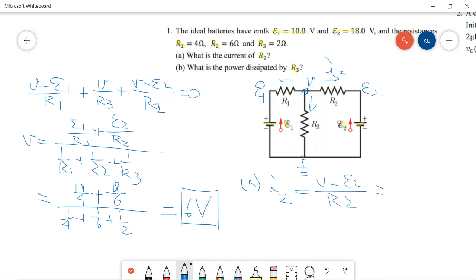V is 6 volt as we calculated, E2 is 18, and R2 is 6 ohm. So (6 minus 18) is minus 12, over 6, is minus 2 A.